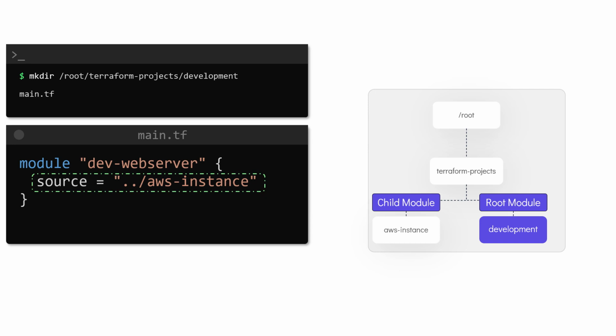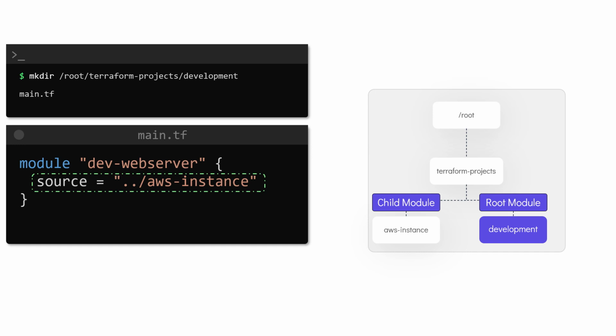Make a note that in this example, the path for the child module is specified as a relative path with respect to the configuration directory or the root module, which in this case is the development directory. This could also have been the absolute path to the child module. We just happen to be using the relative path in this example.